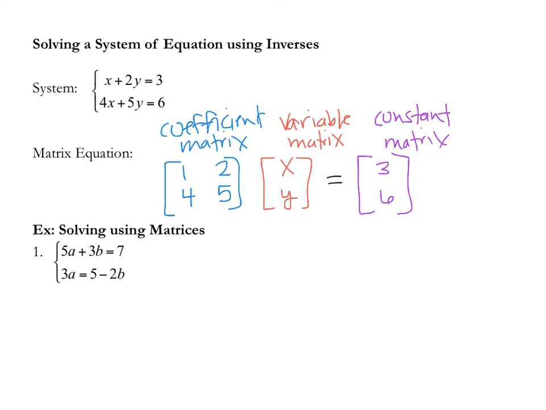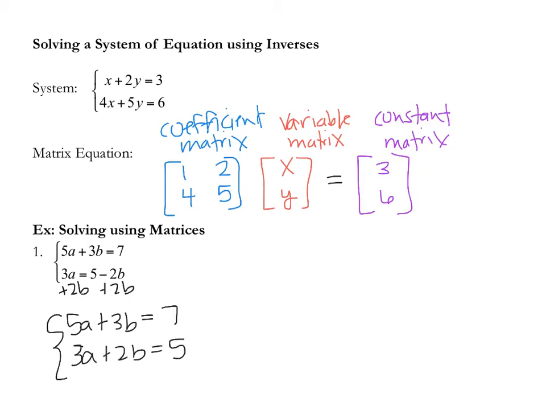So first thing we have to do in number 1 is get everything lined up nicely like that first example was. So I'm going to move this 2b over to the other side, adding it over there so everything lines up. The first one's 5a plus 3b equals 7 still, but this one changes to 3a plus 2b equals 5.